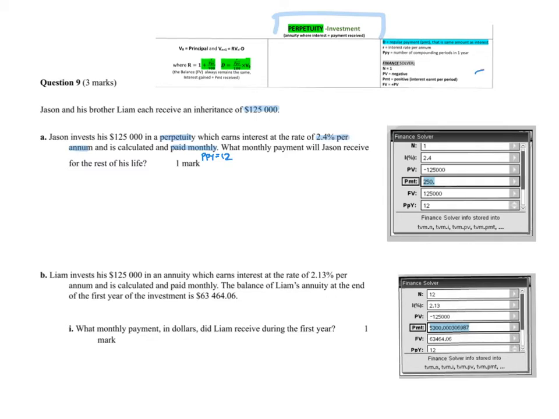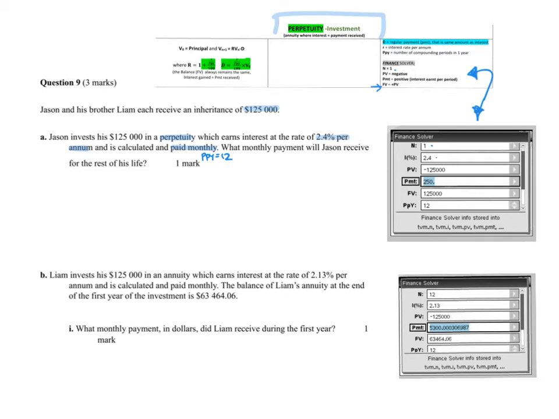So you can see here, I've put what to put into Finance Solver. So when we're trying to find the payment, in a perpetuity, the balance always stays the same. So you can see that here we said the FV equals a positive PV. So we always just need to put one month or period in, because it's never going to change, it's always the same.